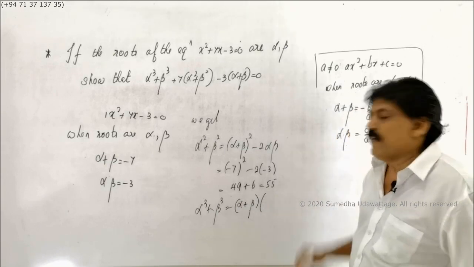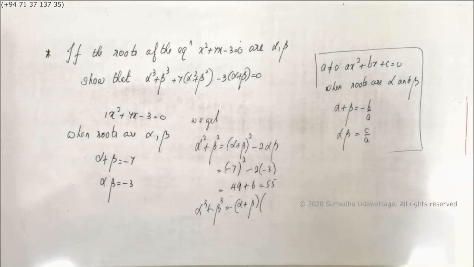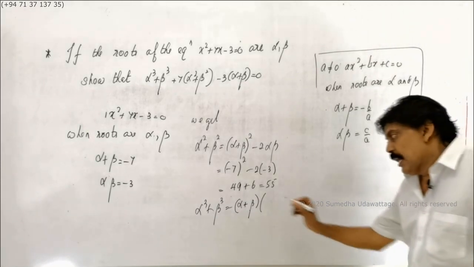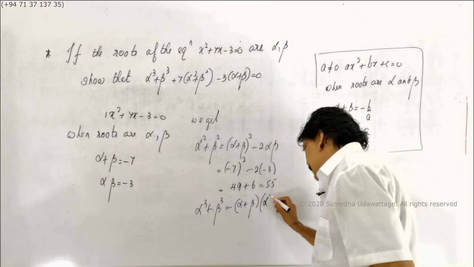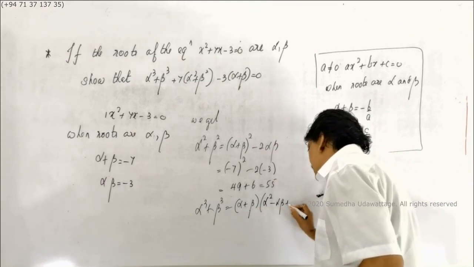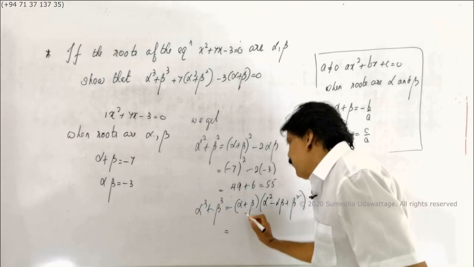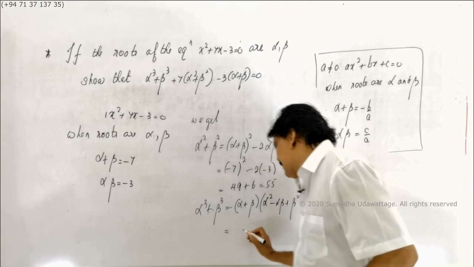And the second factor is written observing the first factor. That is, you square this, multiply, change the sign, and you square this. Then you get alpha plus beta is minus 7.